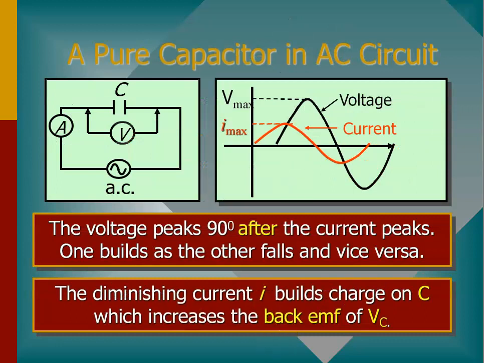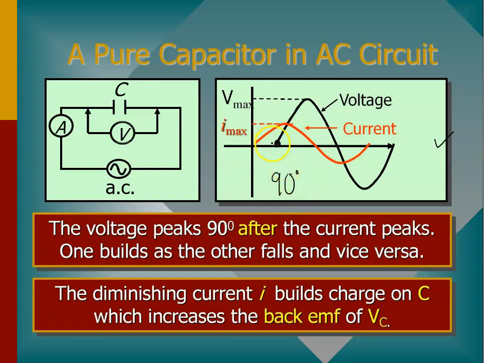Okay, now we continue with the graphing and equations when a pure capacitor is added in AC circuits. As you can see here, there is a little difference from the inductor. This time my I starts early and my voltage starts a little bit late, actually 90 degrees after the current.